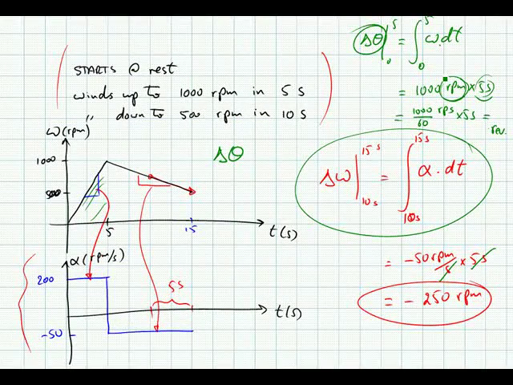If I'm talking revolutions per minute, then I need to multiply by time measured in minutes. If I'm multiplying by time measured in seconds, then I need to convert my angular velocity to revolutions per second, etc. Okay? Well, that's all, folks.